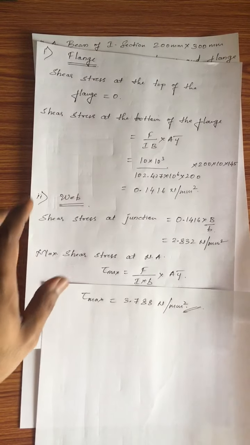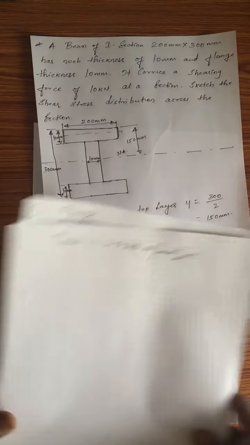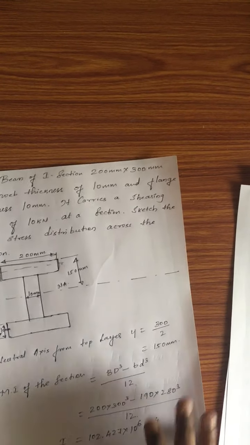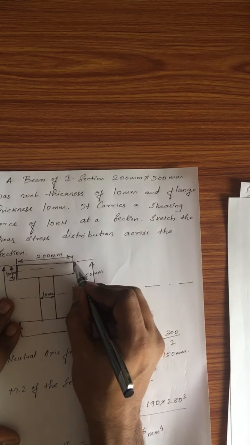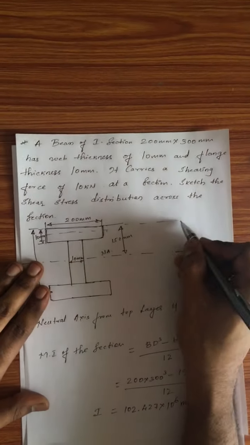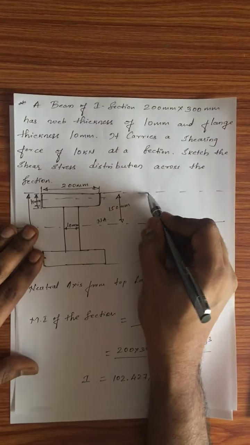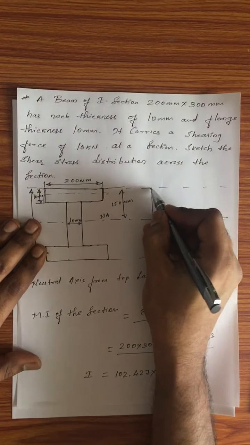draw the shear stress distribution throughout this. And how will we do that? First, I will just extend this projection so that I'll be able to draw the shear stress distribution. First, I'll draw the datum line like this.